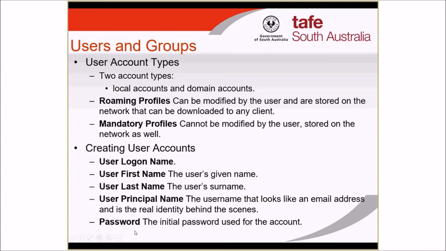Okay, the initial password for the account, and by default the checkbox which says change on first logon is selected, which means that when the user logs on, they will have a chance of changing their password, which makes sense because no one should know your password except for yourself. Okay, even though the administrator gave you the password, you are asked to change it straight away so they no longer know it.